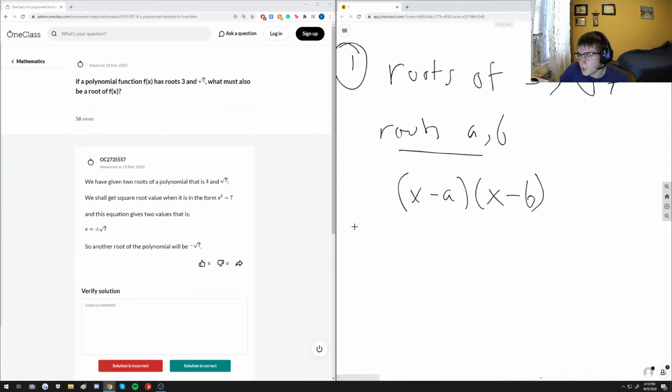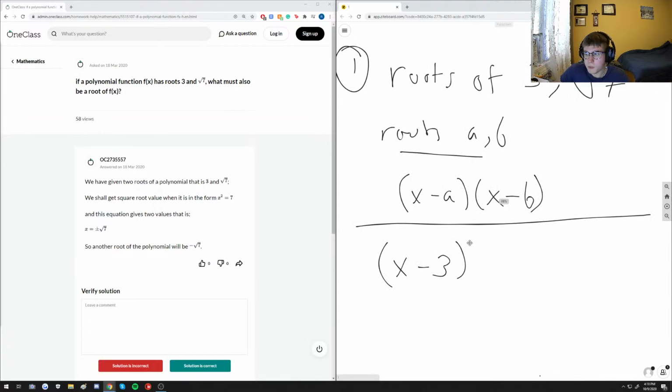So essentially what this means is that our polynomial function having roots 3 and root 7 can also be written as the product of x minus 3, because that's one of the roots.